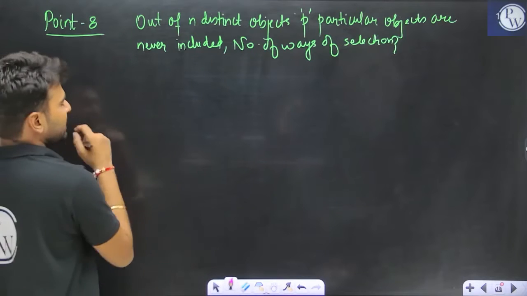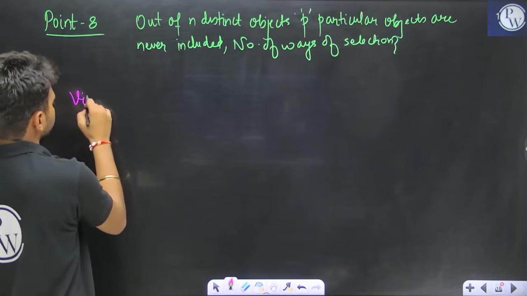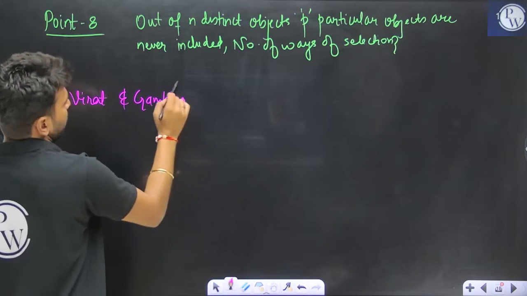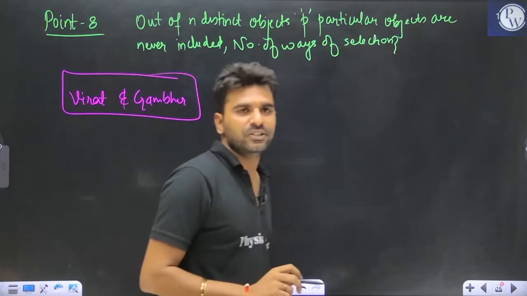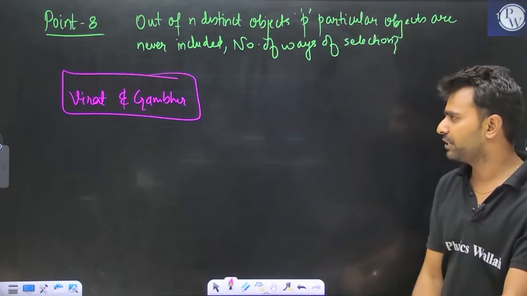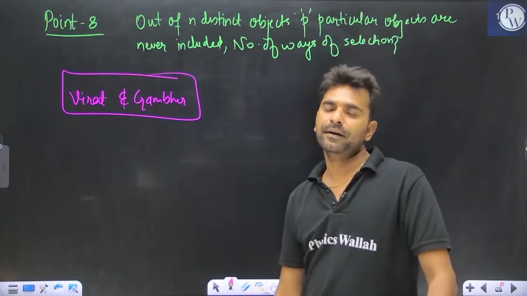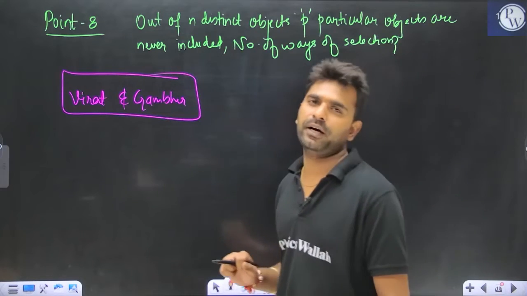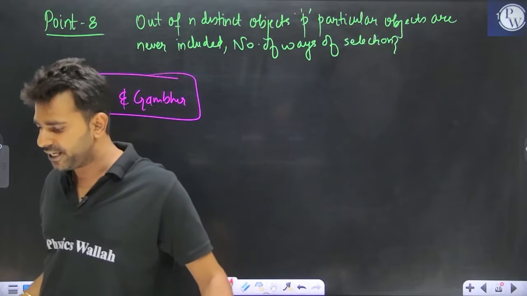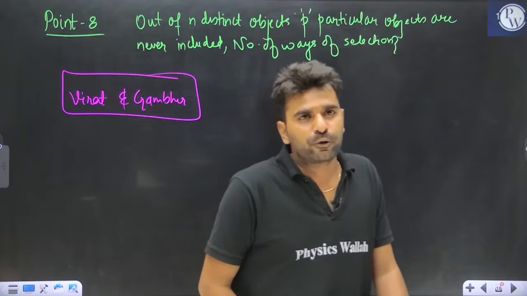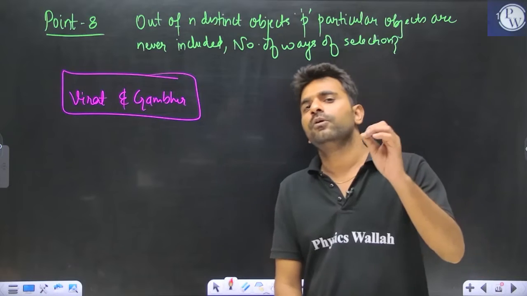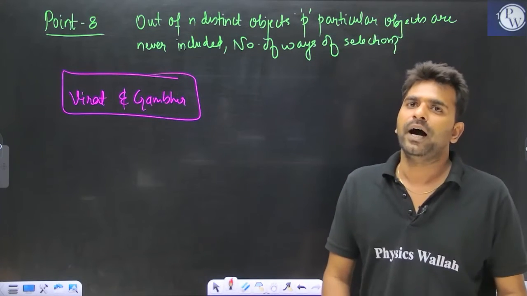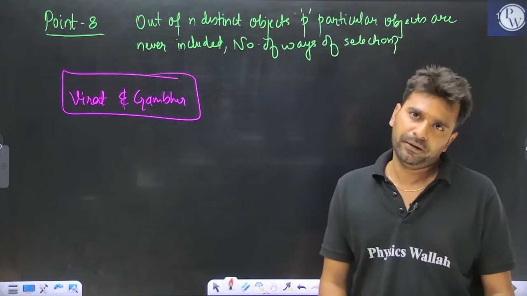So how to remember this category is, let's say Virat and Gambhir. Remember this example. Once they were playing during an IPL match and they fought with one another. Let's say the coach came and told them, you people are India's national players, and you were fighting in the middle of the ground. So from the next match, I will not be letting you guys play.